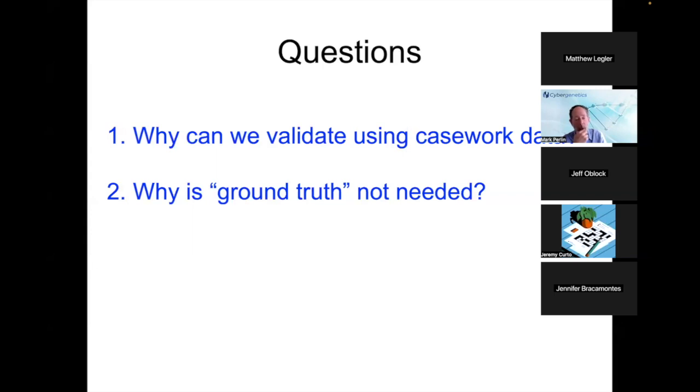And it was described in the paper and written up, and the reviewers were fine with it because it's science. It's not a policy, it's just how the world works with information. So why can we reliably validate using casework data, and this notion of ground truth, whatever that means, isn't needed in order to do a validation? Well, let's see how this works. Next slide.